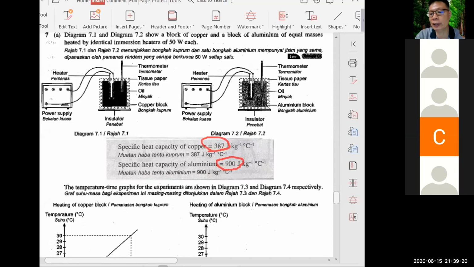This one 900. So which one can heat up faster? Hashini, does aluminum heat up faster or copper? Copper. Yes, correct. Copper heats up faster. This one is slower. Small specific heat capacity can heat up faster, right?